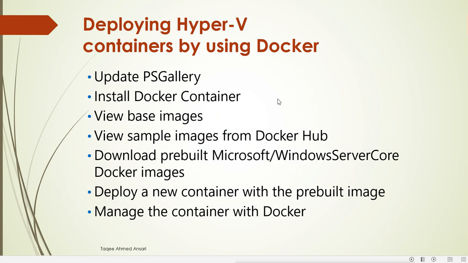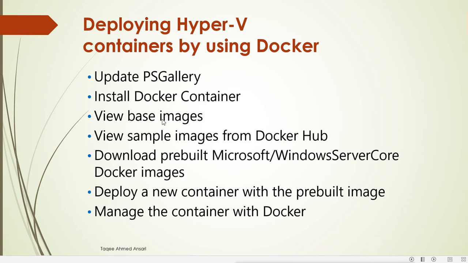Now, deploying Hyper-V containers by using Docker. So now you see how we can deploy the containers using Docker. First we have to update the PowerShell gallery so that we can run some commands.